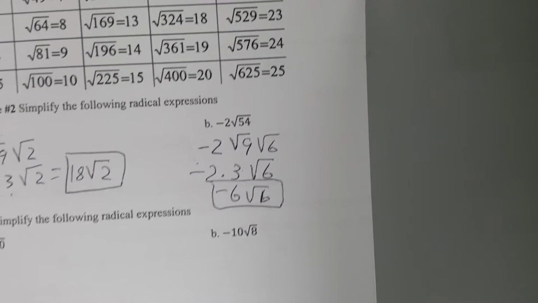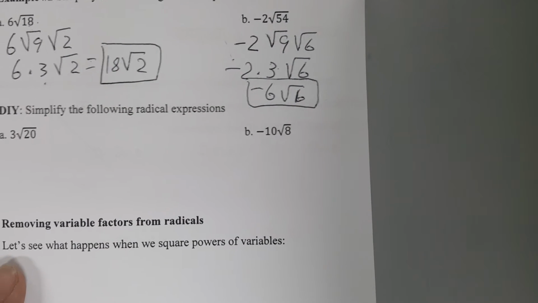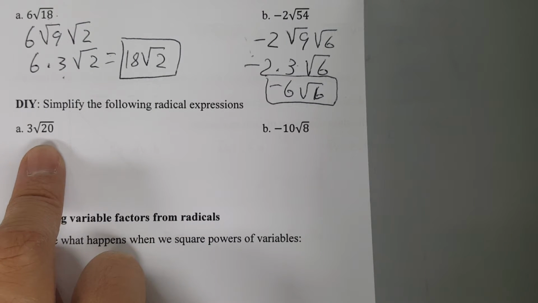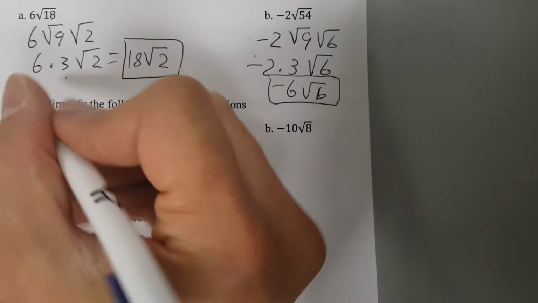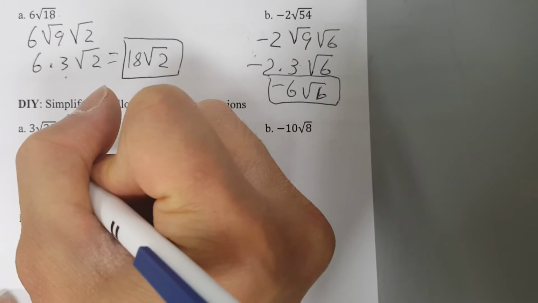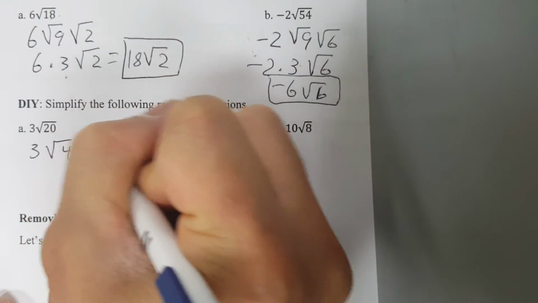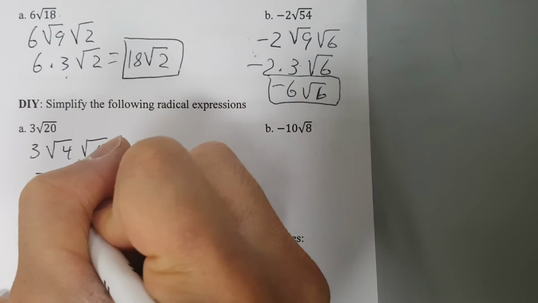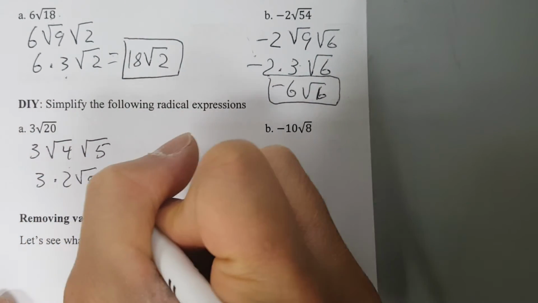Okay, so it's just like the previous problems, except that you have a number in front that you have to multiply by. So go ahead, pause the video, and have the students work on the DIY. Okay, so 3 radical 20. The largest number that can go into 20 is 4. The radical 4 is 2, so this is 3 times 2 radical 5.